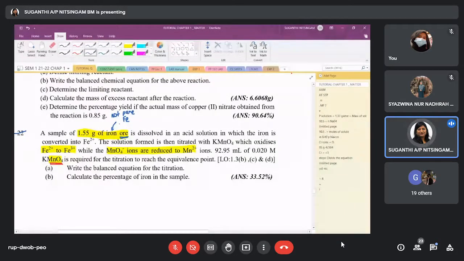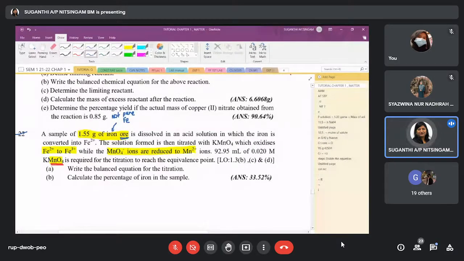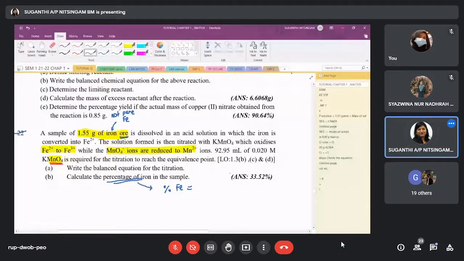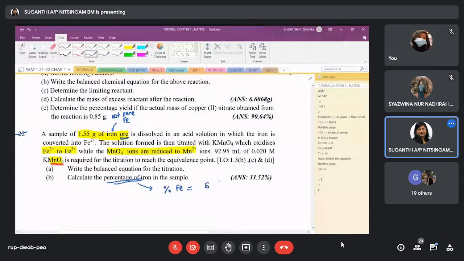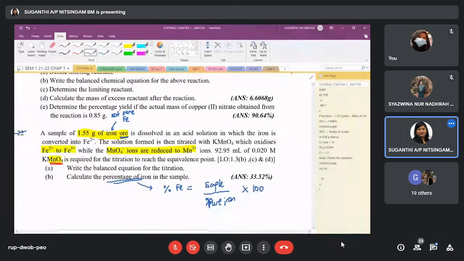Tapi bila dia suruh kamu cari percentage of iron, ini adalah percentage of iron is sample which is not pure over pure iron times 100. Sample tu ada campuran. So sekarang kita nak tahu dalam campuran tu berapa banyak peratus tu adalah iron tulen.